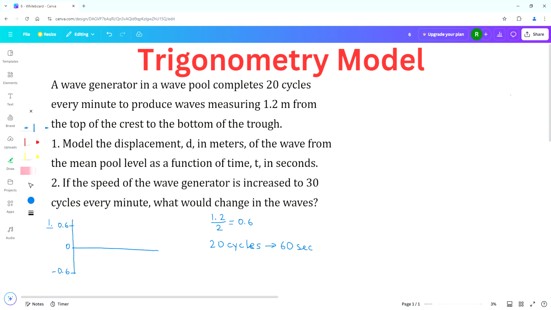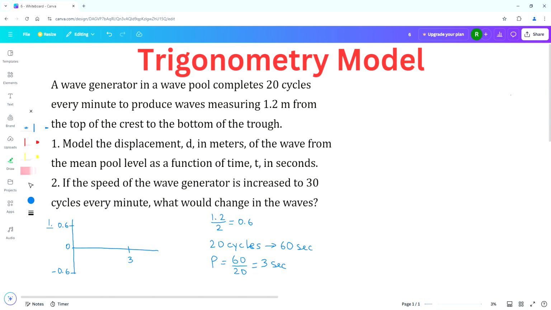Period represents the length of one full cycle. In this case, we have to find the seconds it takes to complete one full cycle. For that, we should divide 60 by 20, which is equal to 3, and the unit is second. So the period is 3 seconds.